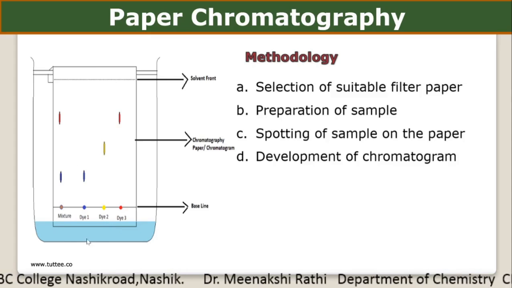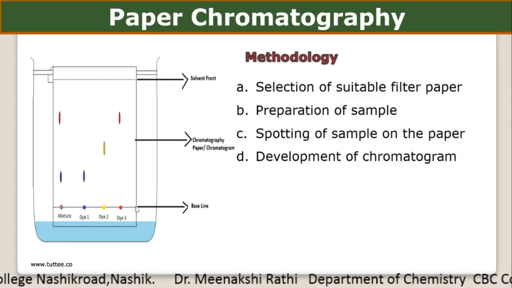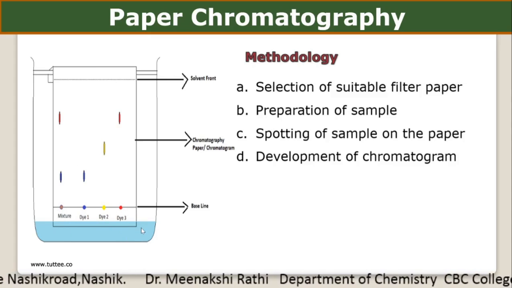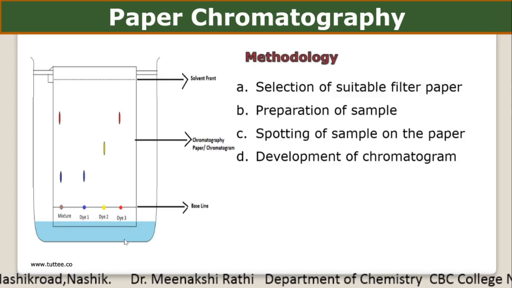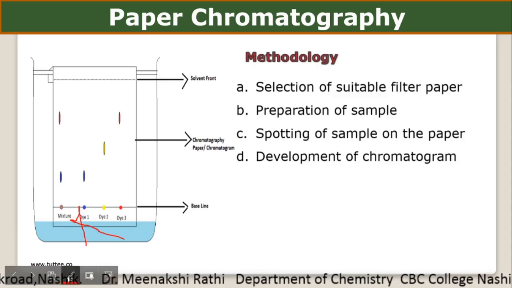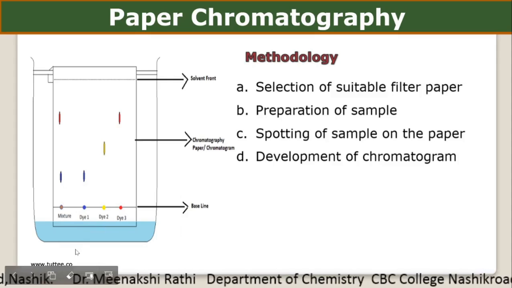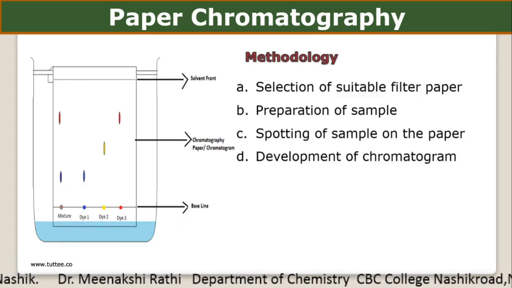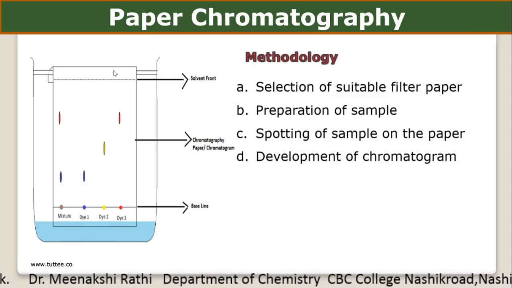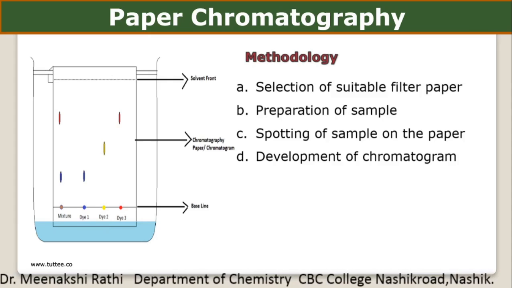You can see here it is dipped in such a way that the baseline where spots are given should be above the mobile phase. It should not be dipped in the mobile phase. The spots should stay above the mobile phase. And here the paper is held up and then dipped in the mobile phase like this.